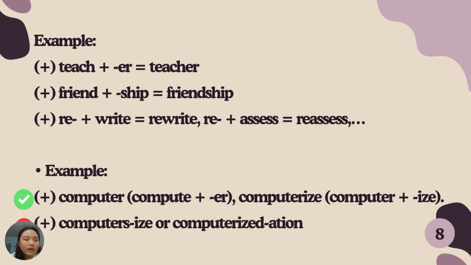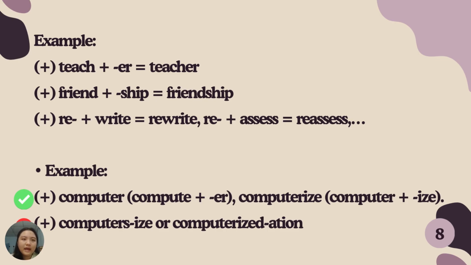Note that each instance of derivation creates a new word, so that new word could serve as the base for another instance of derivation. So it's possible to have words that are quite complex morphologically. For example, say you have a machine that you use to compute things.